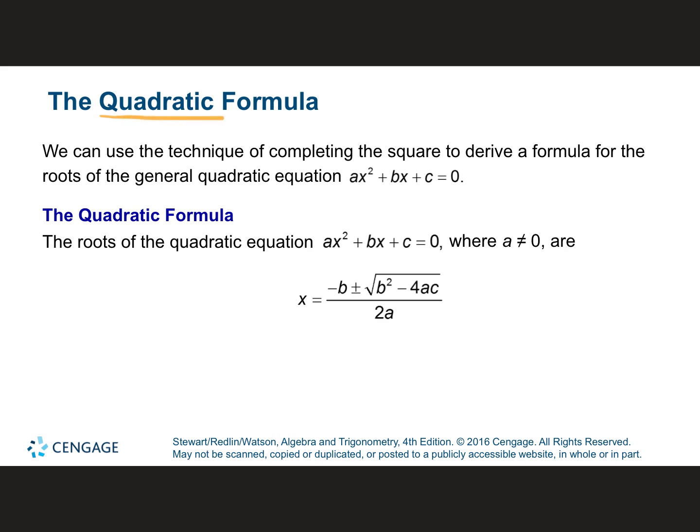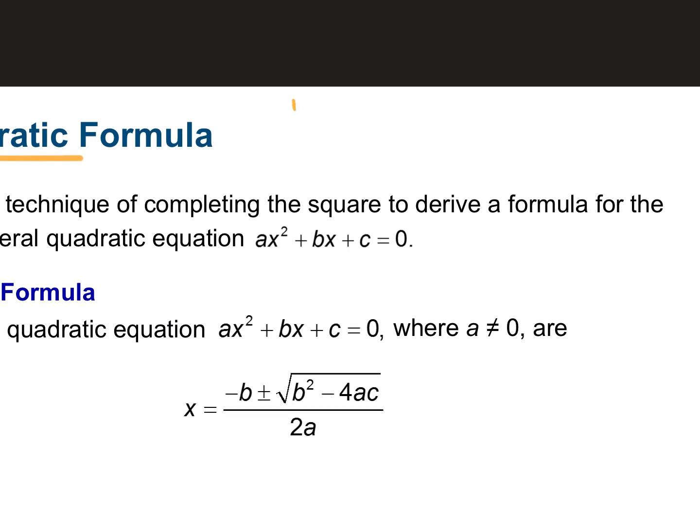So next, we're going to talk about our quadratic formula. So we have 3 different ways of solving quadratics. 1, we could factor. If it doesn't factor, we may need to complete the square. Or we could use the quadratic formula.